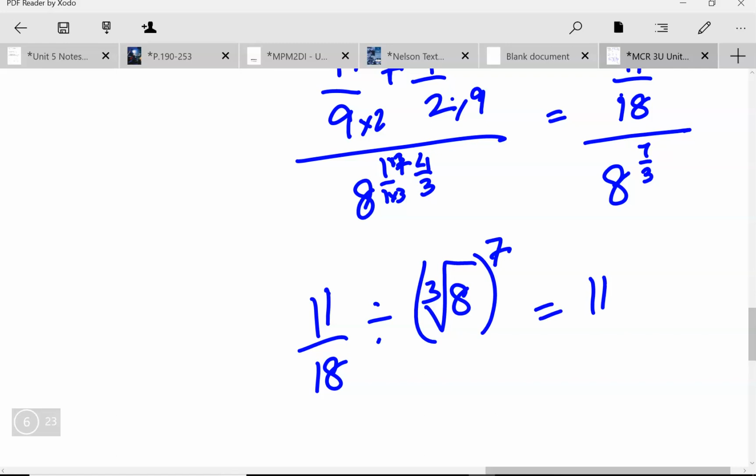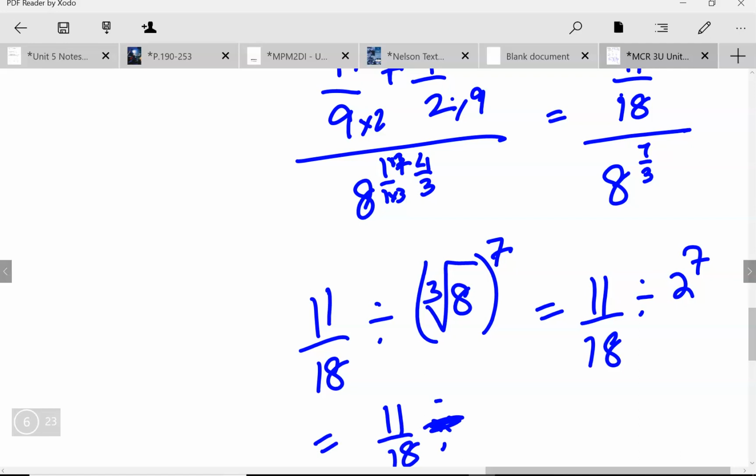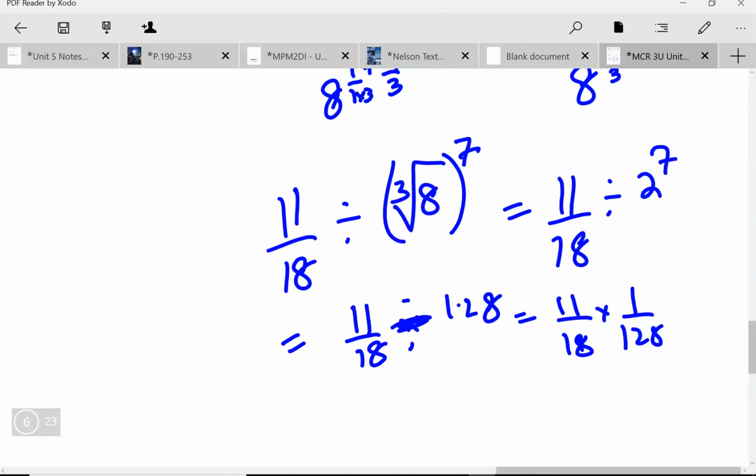is in fact 11 over 18 divided by 2 to the power of 7, which is 11 over 18 divided by, what is 2 to the power of 7? 128, which is 11 over 18 times 1 over 128, which is 11 over something.